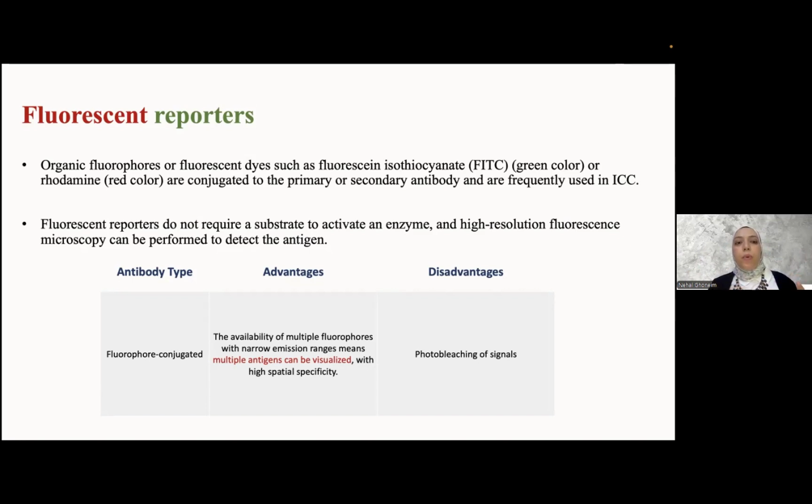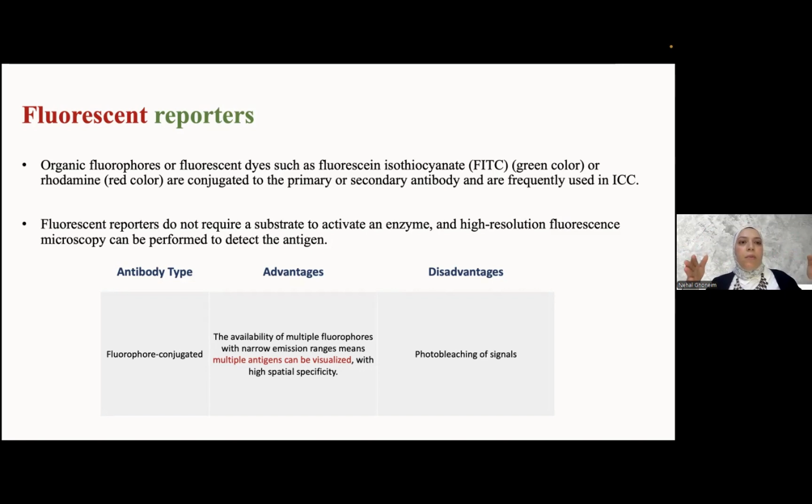Fluorescent reporters don't require a substrate to activate an enzyme, and high resolution fluorescence microscopy can be used to detect them. Their advantage over other reporters like enzymes or radioactive materials is that multiple signals can be visualized, so you can visualize multiple target proteins simultaneously.